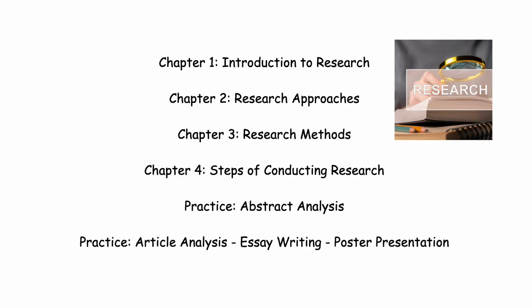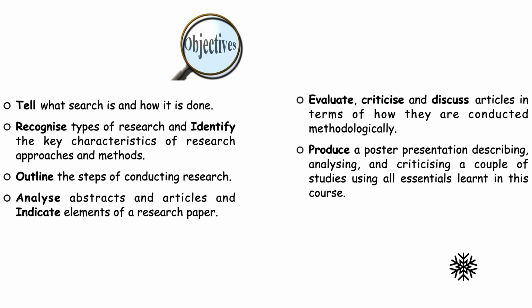So by the end of this course, students are supposed to be able to tell what research is and how it is done. They'll be able to recognize types of research and identify the key characteristics of research approaches and methods. They are going to be able to outline the steps of conducting research. Also, they will be able to analyze abstracts and articles and indicate elements of a research paper.